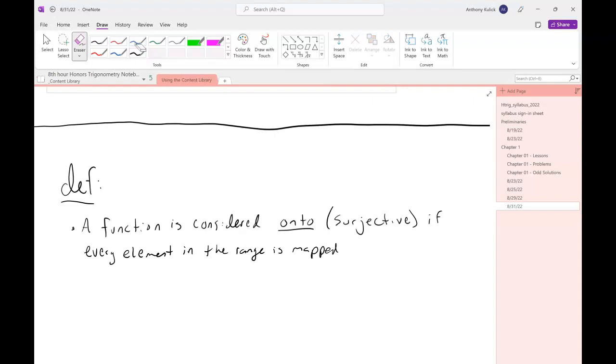Is mapped to, I've got to stop reading and writing at the same time.